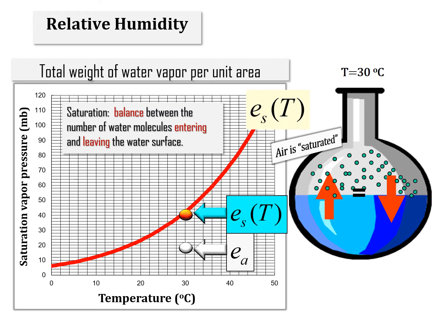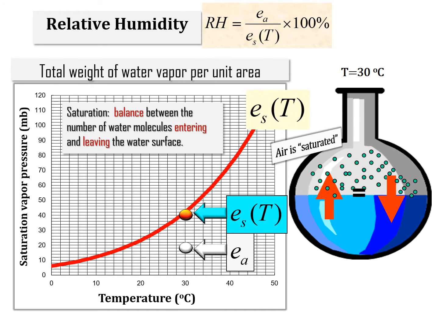What is relative humidity? Relative humidity is the ratio of actual vapor pressure over saturation vapor pressure. If not saturated, this ratio is less than 1.